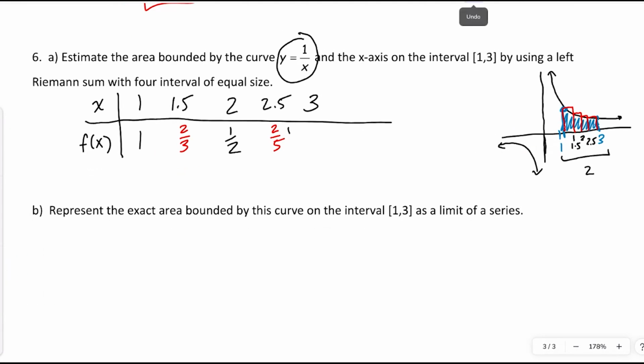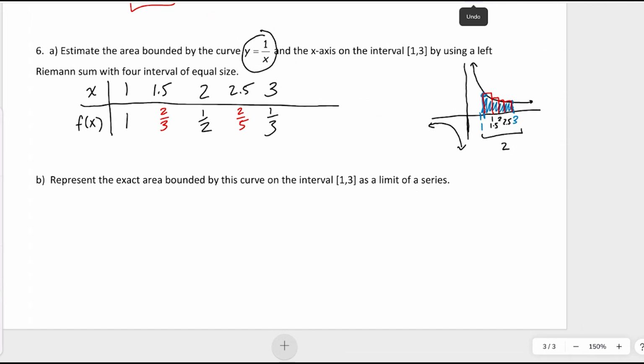There we go. And so if I want to estimate this area between 1 and 3 of 1 over x dx, it'll be approximately equal to this sum of areas of rectangles.